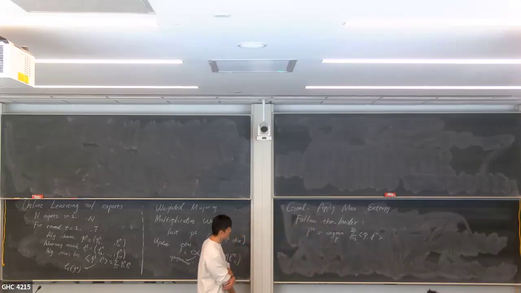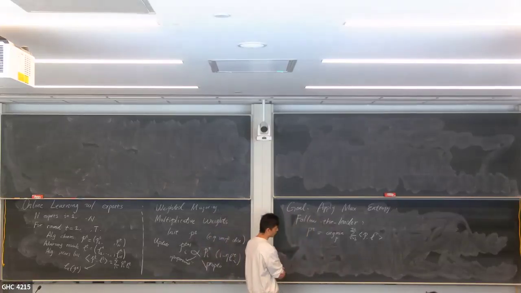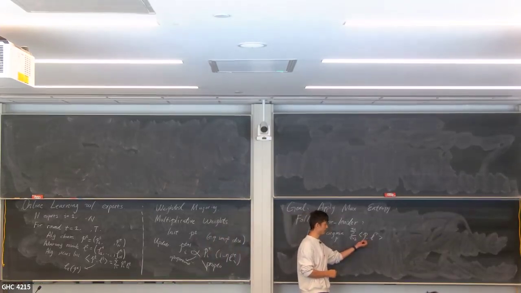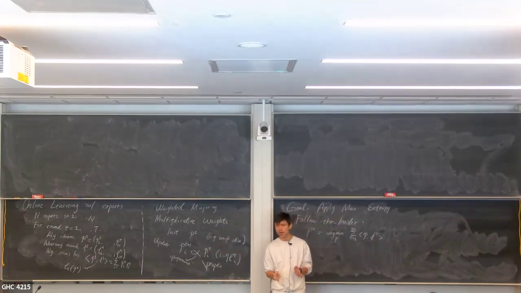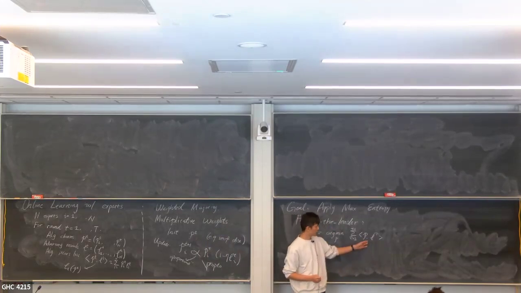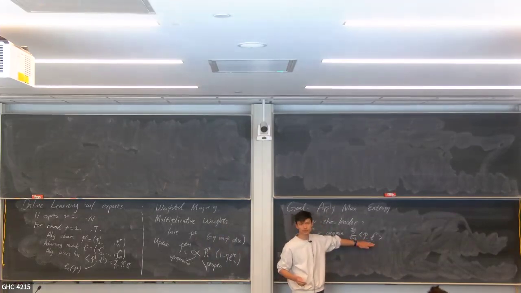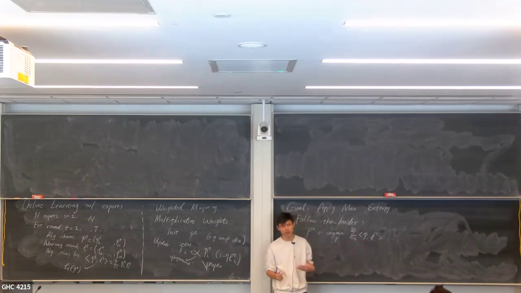Yeah. Okay. So at round t, I'm going to look at, this is just another way to say, I look at different ways to put probability on these experts. Different ways to allocate these probabilities will incur some cumulative loss. So this notation is really just the cumulative loss had you been playing fixed p so far.